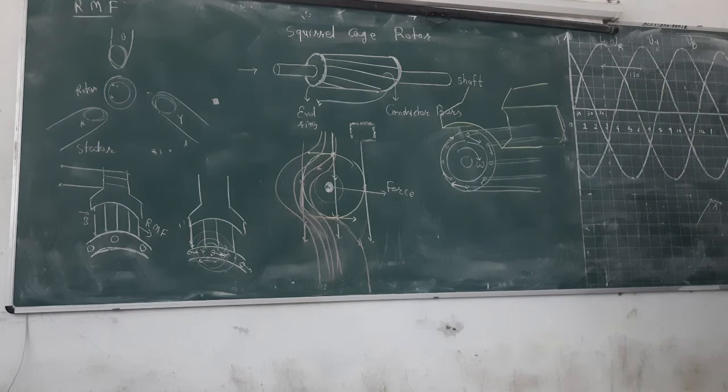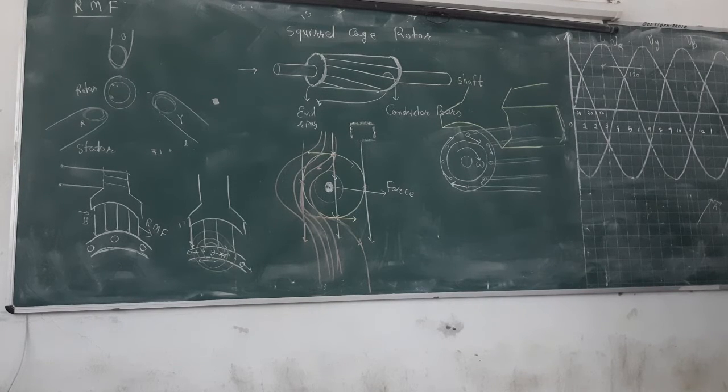Let's say the rotating magnetic field rotates at 3000 RPM. We can see it: 3 coils are there, you give a 3-phase supply, and it will start rotating. How does it rotate, and what is the speed? That will be defined with a formula that will come later.